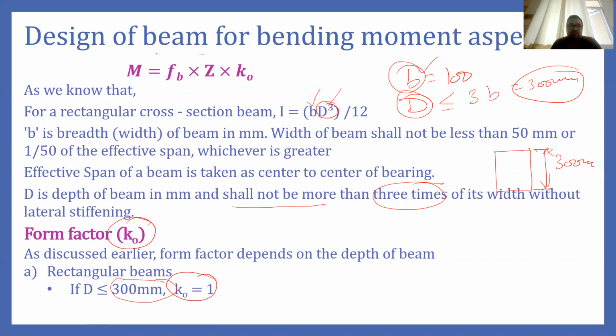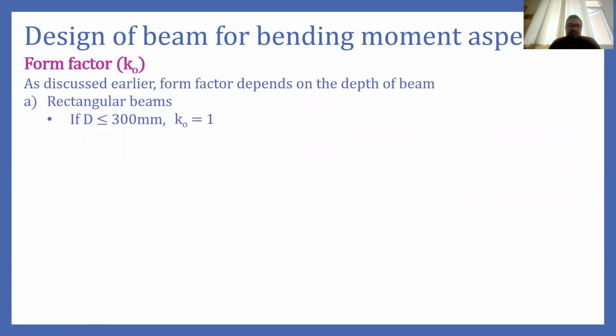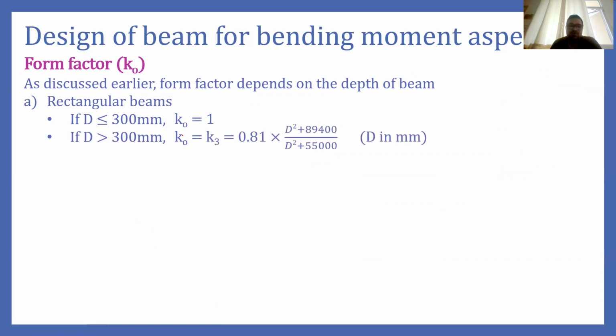This formula will work. But if the depth exceeds 300 mm, in that case, we have to calculate K naught. So K naught will be referred to as K3 in this case if the D value exceeds, and K3 can be calculated by this relation. And this relation is given in IS 883.